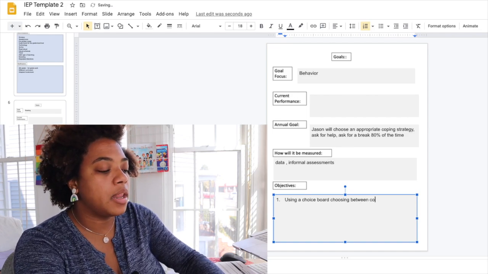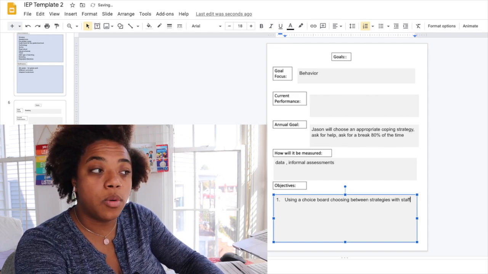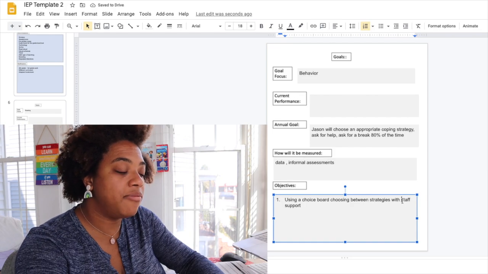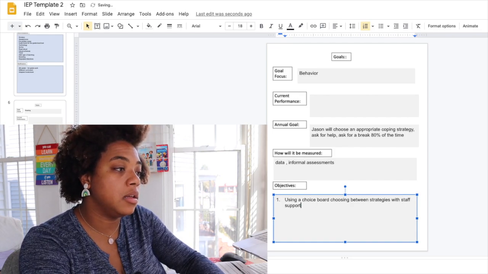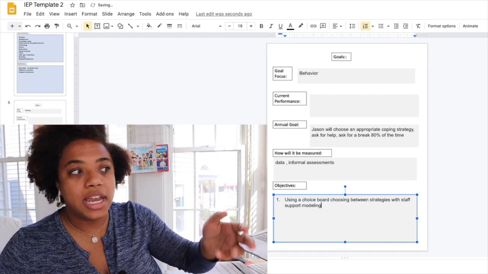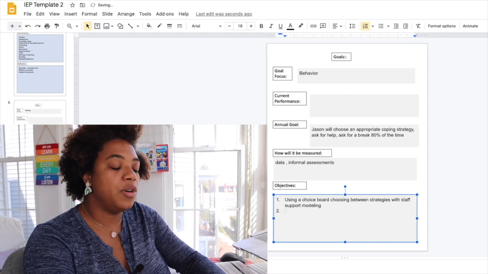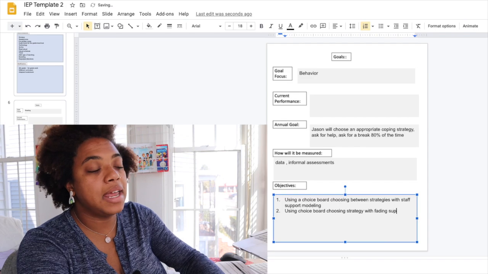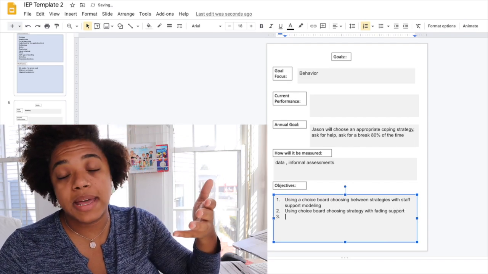And I might make it really specific, like with verbal staff support or staff modeling, actually. And for some percentage. And then I might make another one with faded support, right? So the exact same thing with fading support. And then eventually, hopefully, he'll get to an independent place.